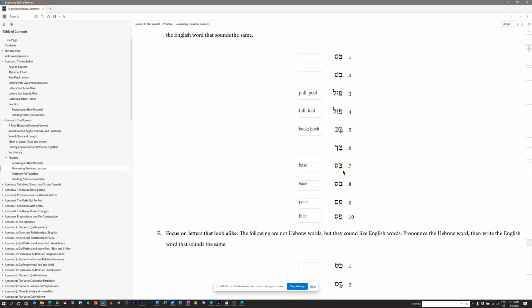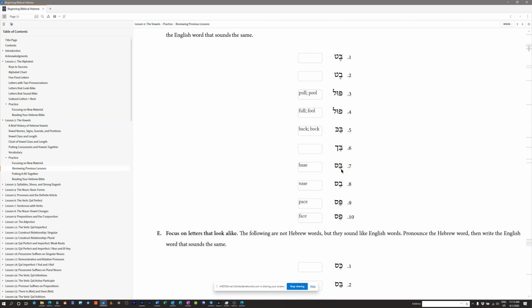So maybe if you've had Spanish before, it's the sound of an E in Spanish. In English, this would be like the end of survey, V-E-Y. That's that long E sound. But again, the samech is just a normal S sound. Pretty straightforward there.